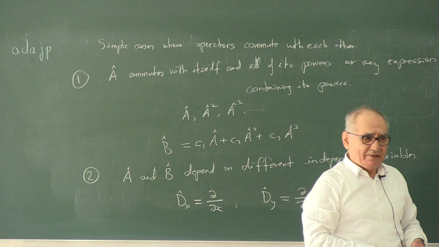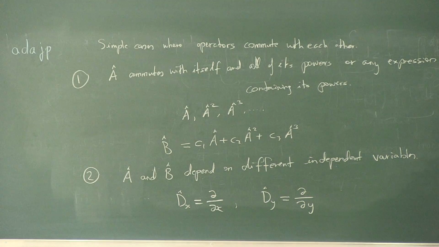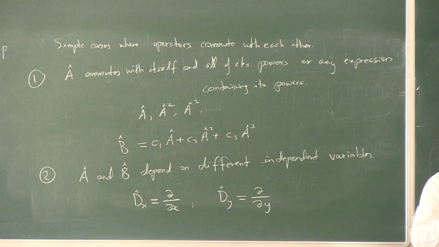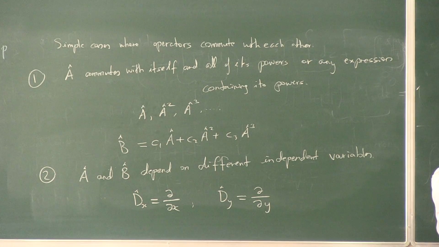Another important case is the following. Later we are going to discuss electrons. Electrons have spin property. And as a result, there are spin variables. Now, spin variables are independent from space variables.